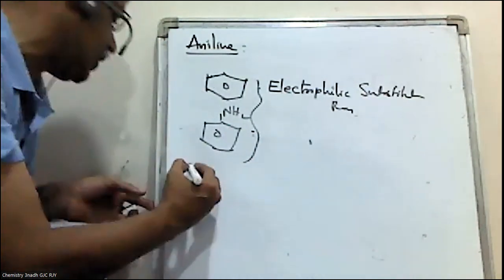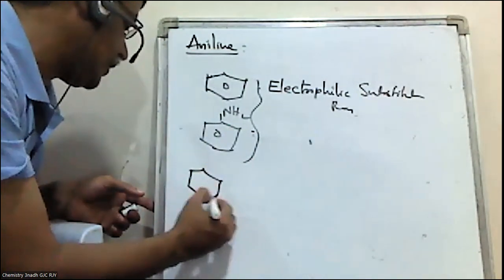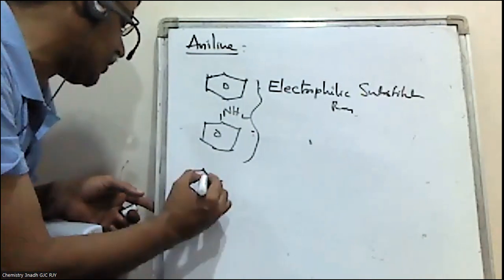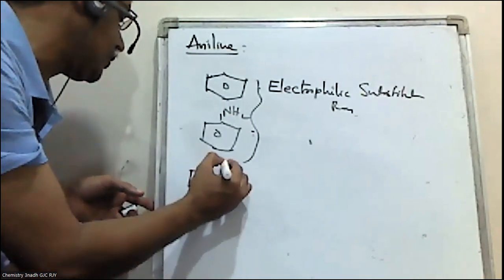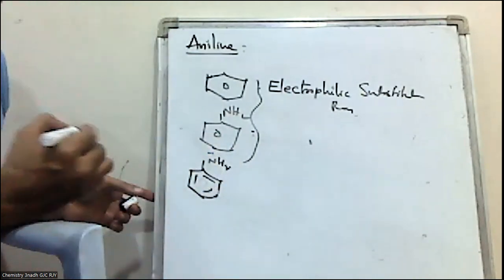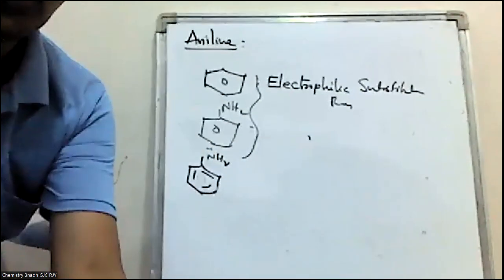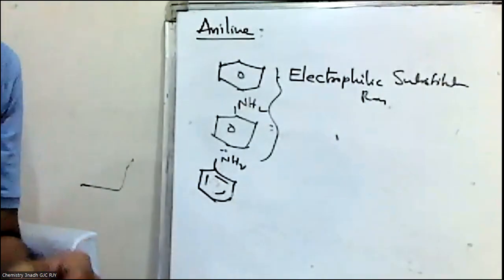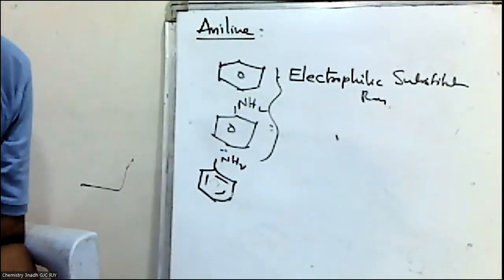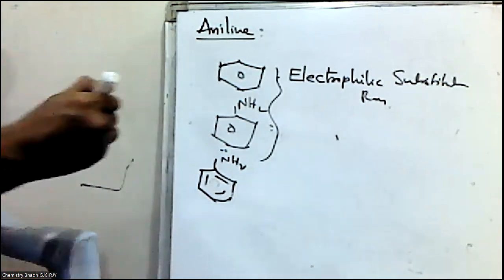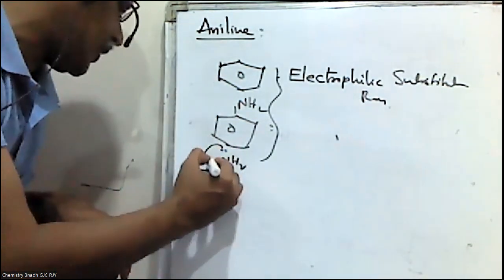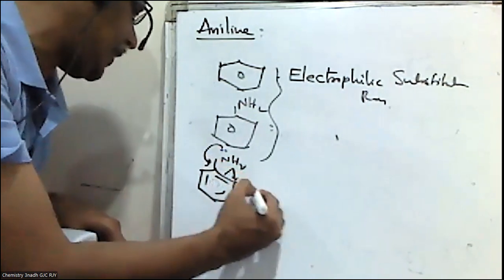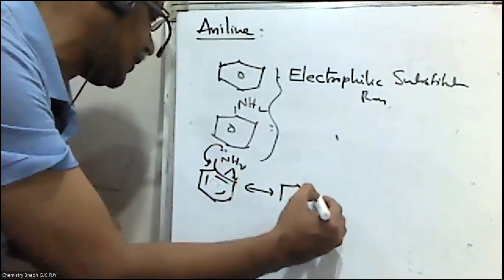If we observe the resonance structures of aniline, due to the presence of a lone pair of electrons on nitrogen of NH2, it participates like this, and we get a resonance structure like this.